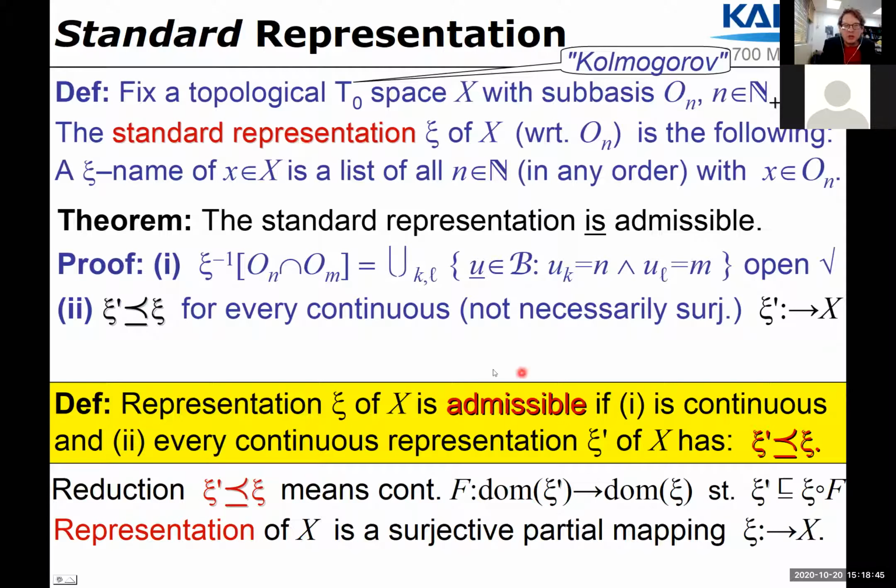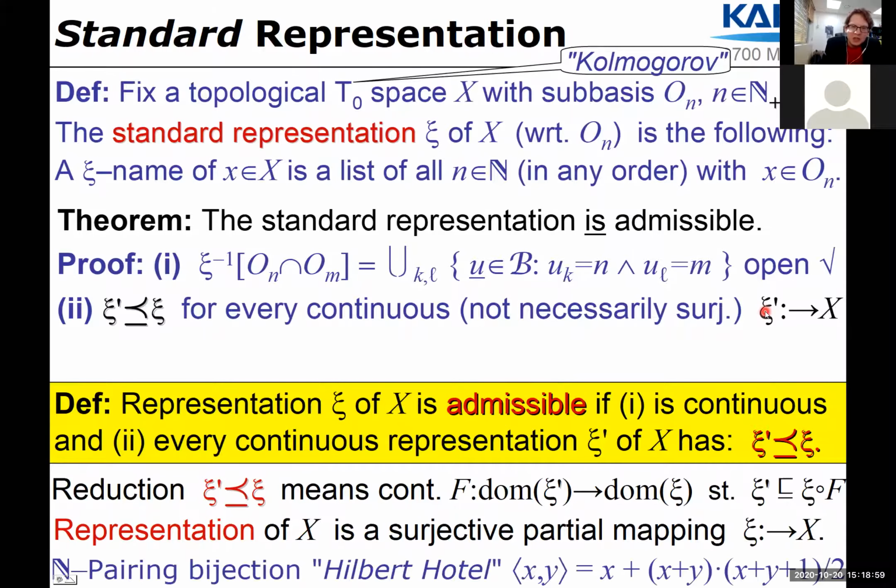So we're going to prove something a little bit more than that the standard representation is admissible, by asserting a continuous reduction from arbitrary continuous functions Xi prime, not just from representations. Before we construct this reduction, remember here's the definition: a continuous translation from Xi prime names to Xi names.